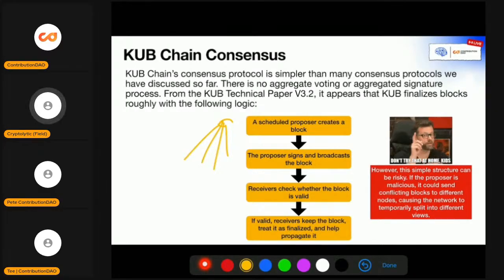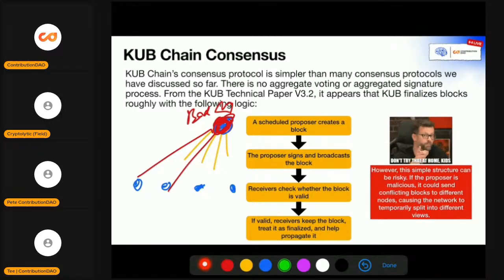But if you remember, for example, if this one is a proposer and this guy is a validator, what if this malicious or bad proposer sends a conflicting block? In this case it can create a fork and violate safety.